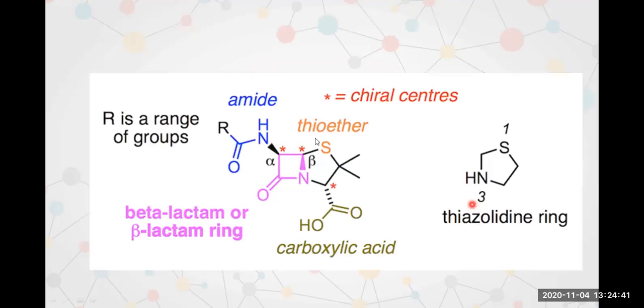Okay, we can also cut down this structure into different units. The pink color is showing the presence of beta-lactam. You can also see that beta-lactam consists of two chiral centers, and that is why this bond between the carbon number 5 and the nitrogen is towards the observer, or it is a beta bond, and so the ring is called a beta-lactam.